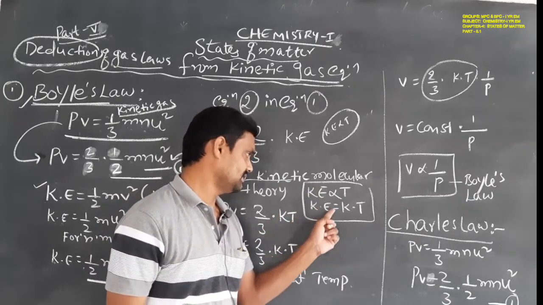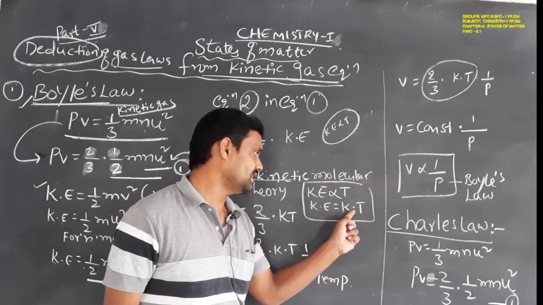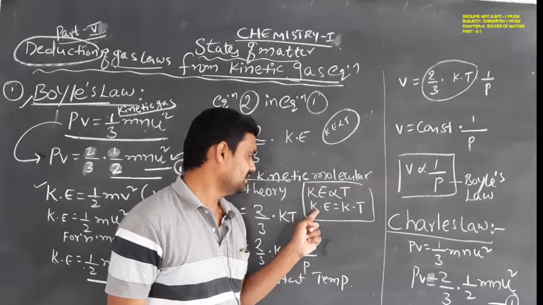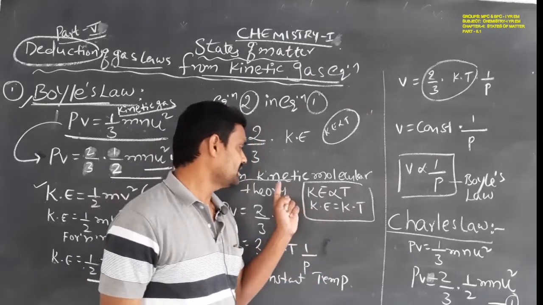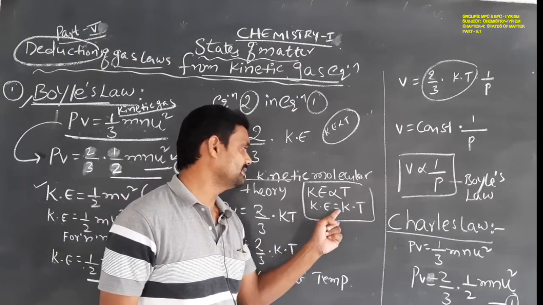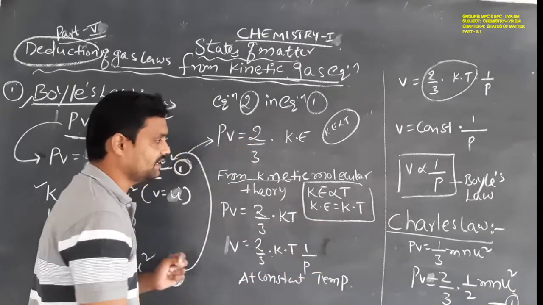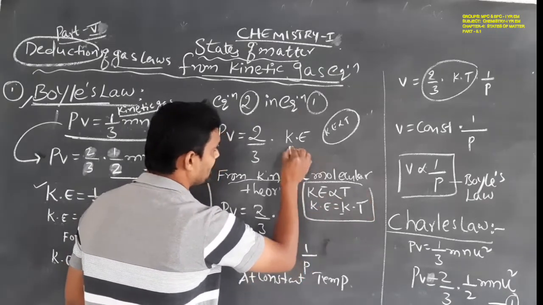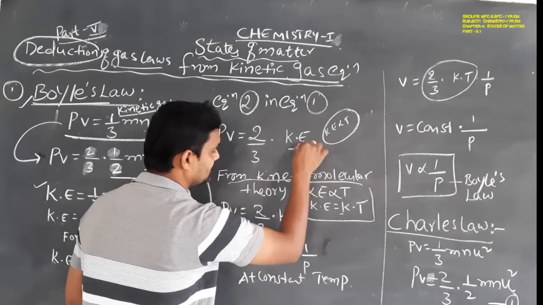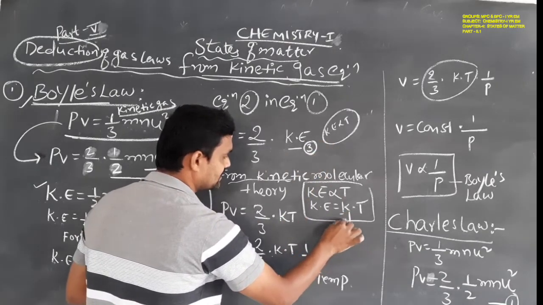So KE equals constant K into T, where K is the constant. Let us call the previous equation 3 and this one equation 4.